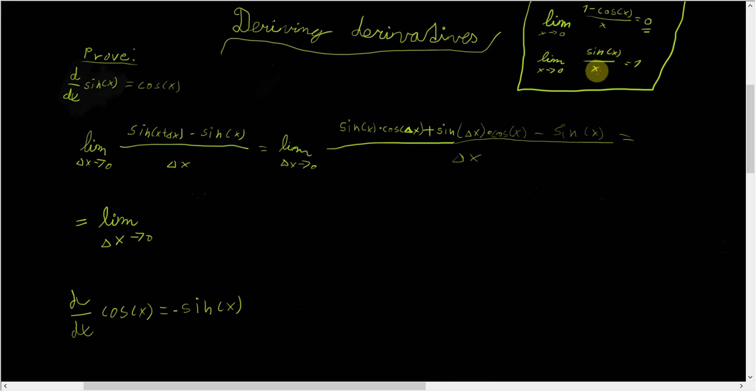Since sine of x divided by x, the same argument, so you can substitute this for u or delta x, equals 1, I'm going to want to separate this from the rest. Can I do that? I've got a plus sign here and minus sign here, so yes, I can do that. So sine of delta x times cosine of x divided by delta x, and we are left with sine of x on both sides, so we can multiply by sine of x.